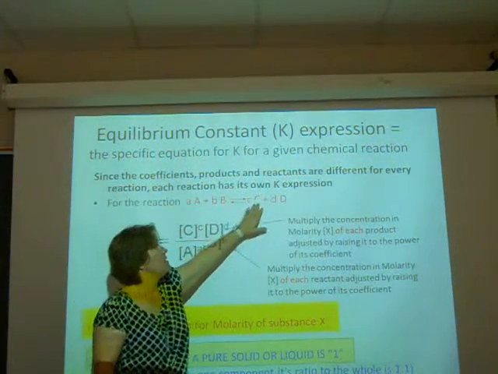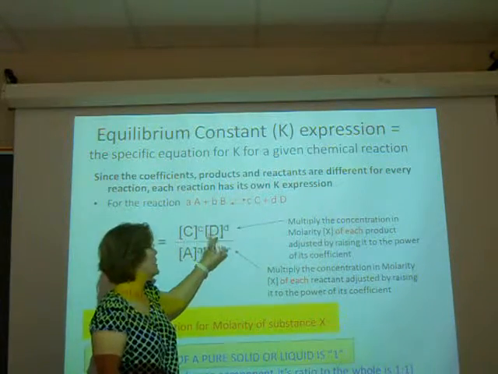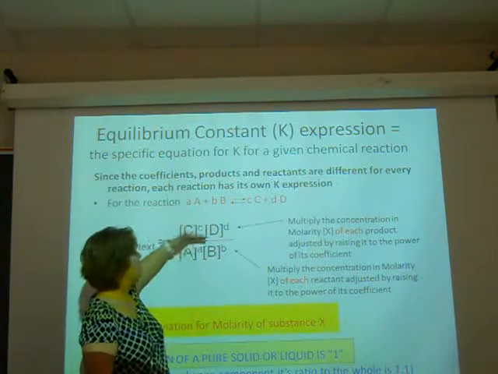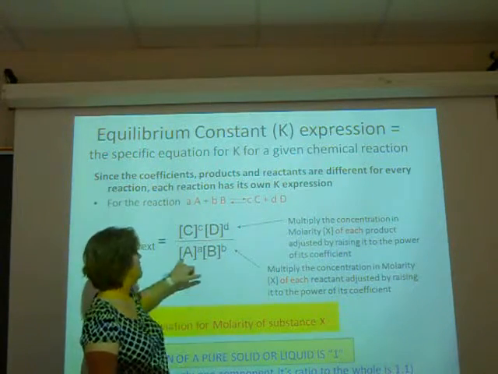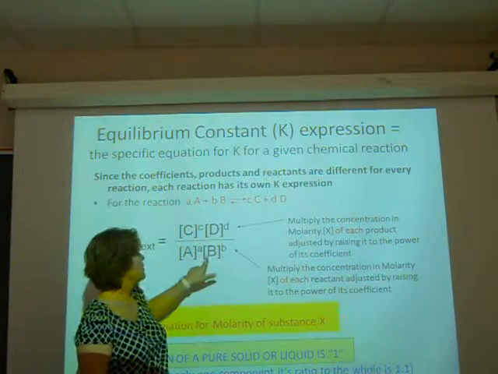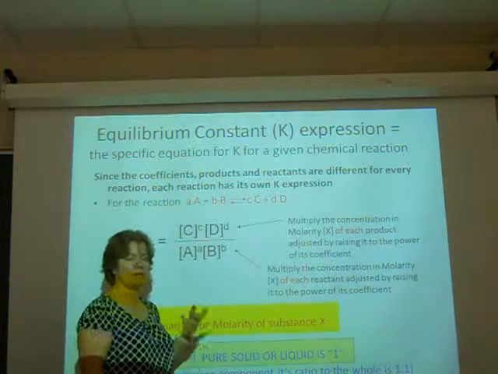We would pronounce this as the concentration of C raised to the c power times the concentration of D raised to the d power. And in the denominator, I have the concentration of reactant A raised to its coefficient power, multiplied by the concentration of reactant B raised to its coefficient.